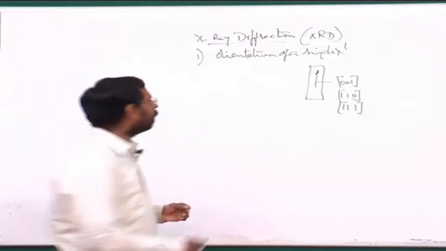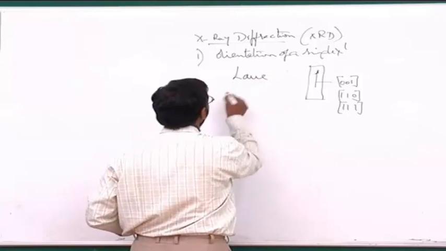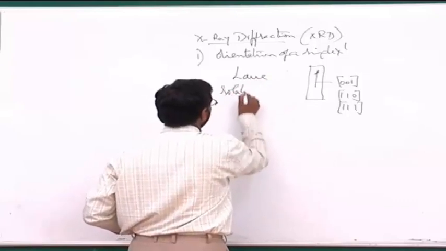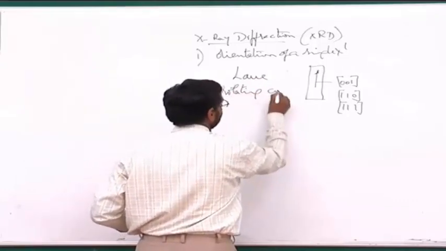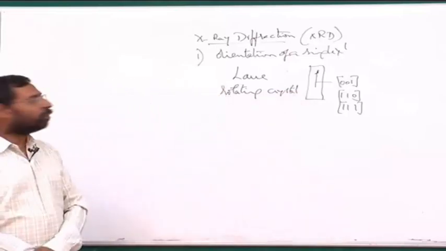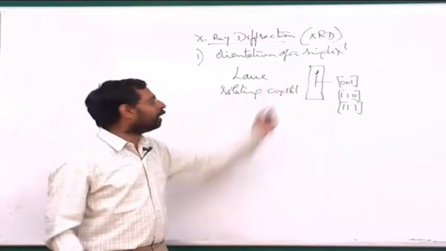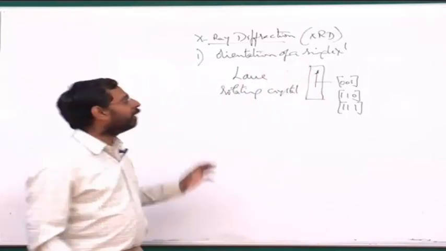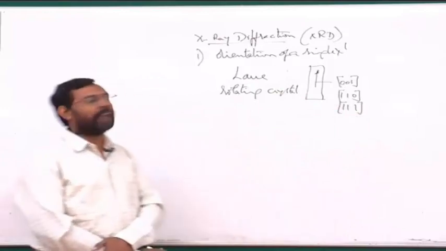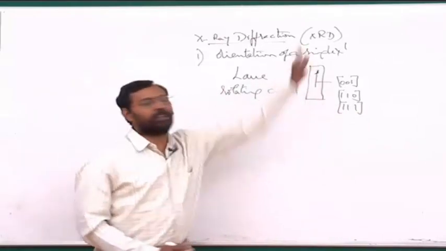That is where we said we can use two techniques. One is the Laue technique or the rotating crystal method. Any one of these two can be used, where an X-ray is allowed to fall on a single crystal with a particular orientation, and you can generate a diffraction pattern, and from the diffraction pattern you can find out what is this particular orientation.